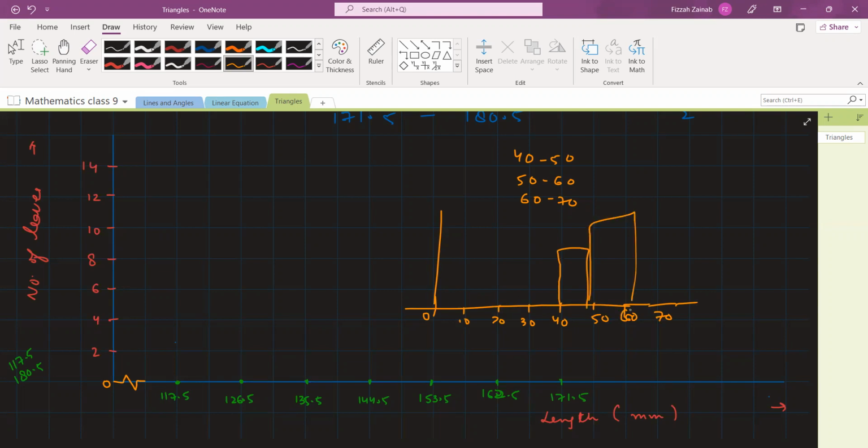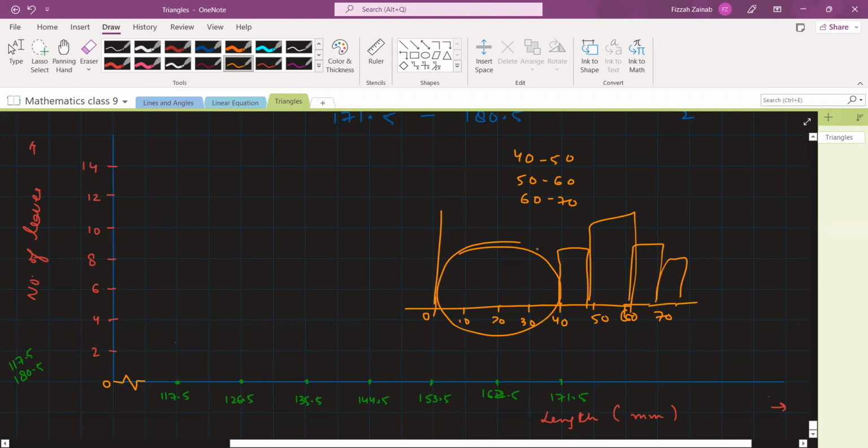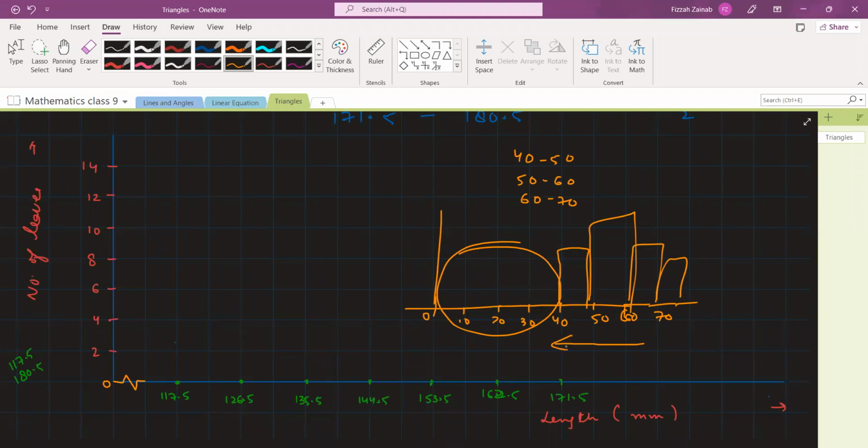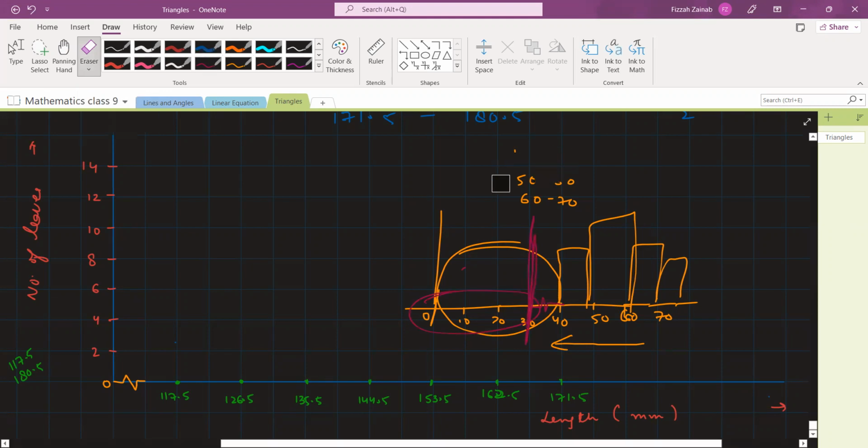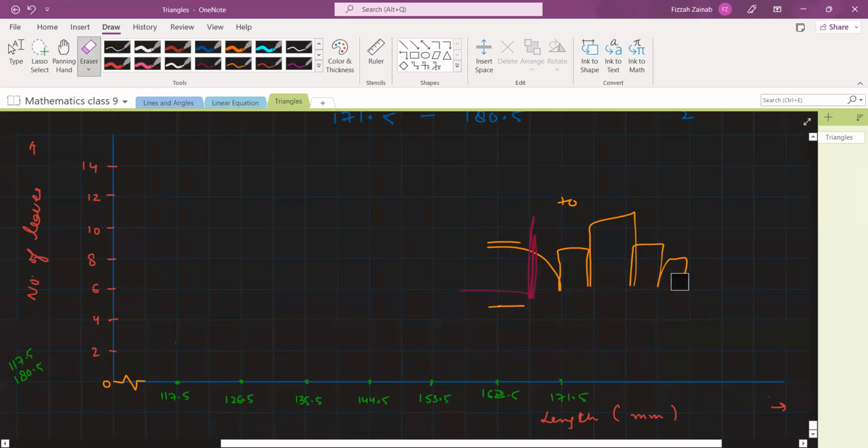That means all this much space is wasted. Is that clear? I don't have to show it. So I can just shift my axis here. Instead of drawing the y-axis here, I can draw the y-axis here itself. This is my y-axis, right? And then I mark a cut. That means I have omitted this part. Is that understood? Yes, ma'am. Okay. Because this space is anyway going to be empty, I don't need to show it.